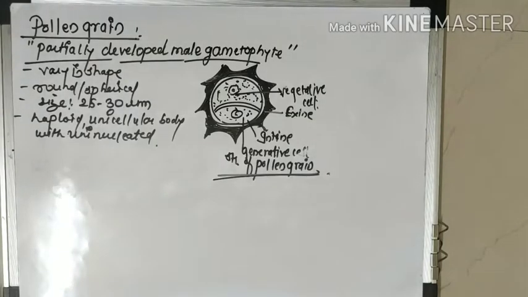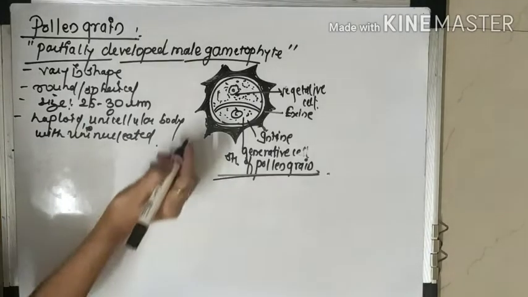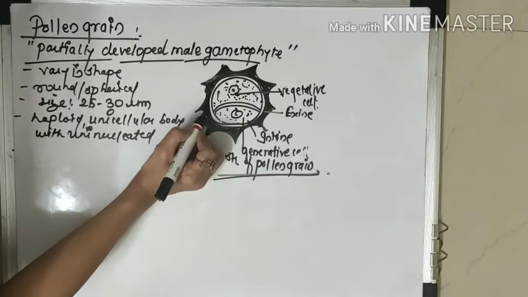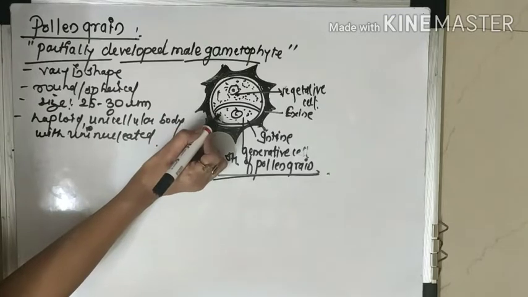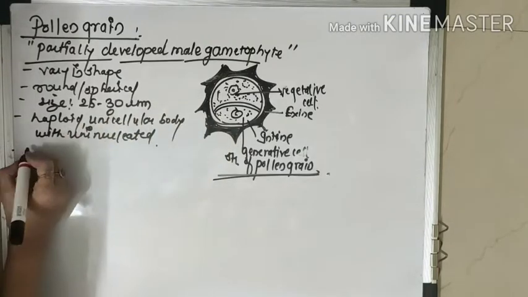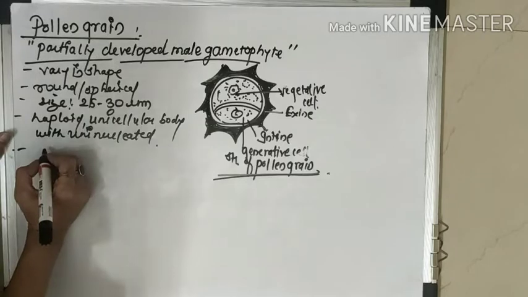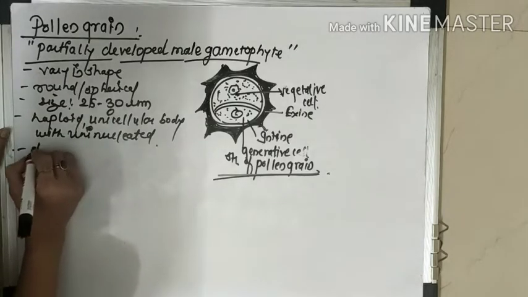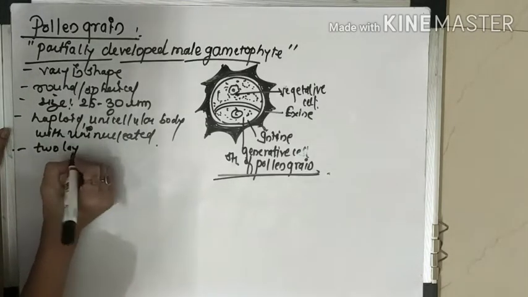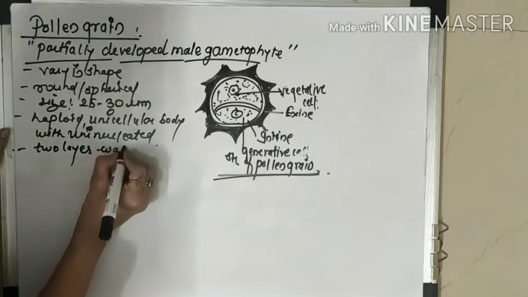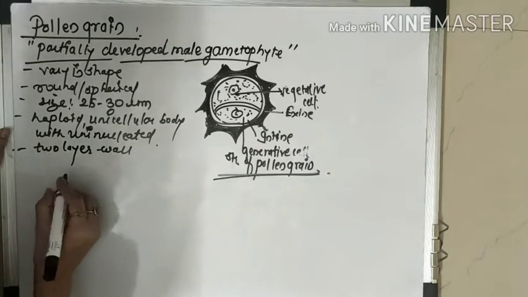Now you can see this two-layer wall, one outer and one inner. So the pollen grain has a two-layer wall.